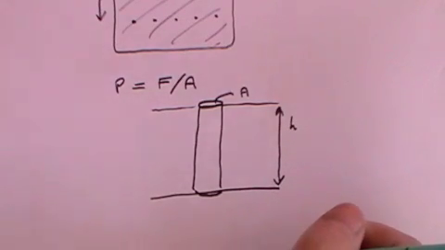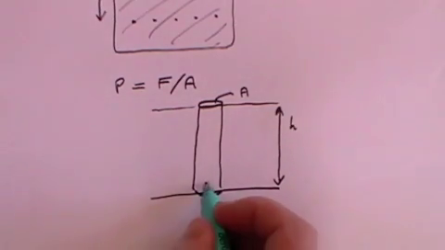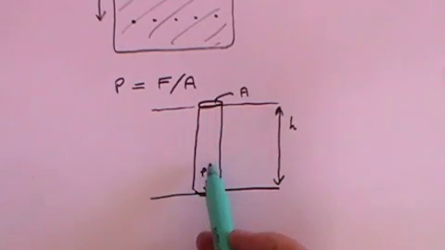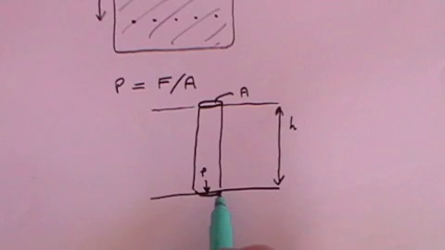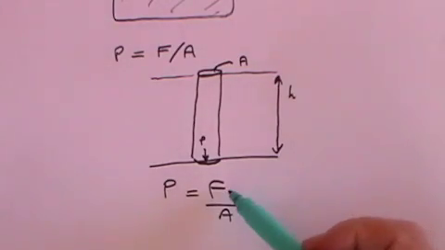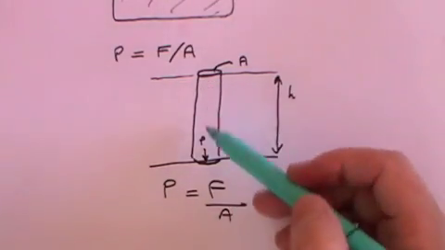And we can say that the pressure, which is a result of all the air bearing down on the surface of the Earth, the pressure at the surface of the Earth is equal to the force divided by the area. The force is the weight of air.